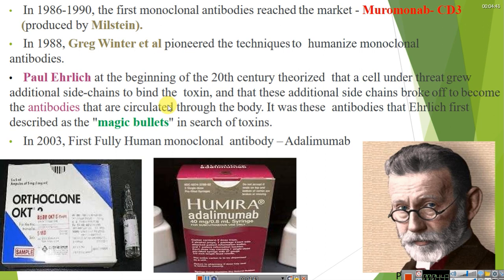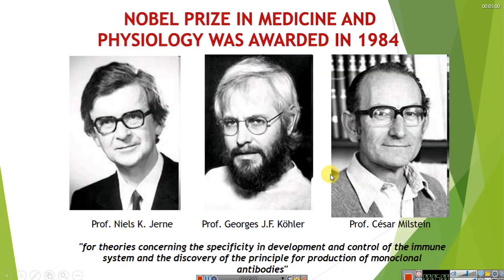Okay. So in 2003, in the 21st century only, the first fully humanized monoclonal antibody was introduced in the market, and this was adalimumab. It was completely humanized. And this trio, Jerne, Kohler, and Milstein, received the Nobel Prize in 1984.